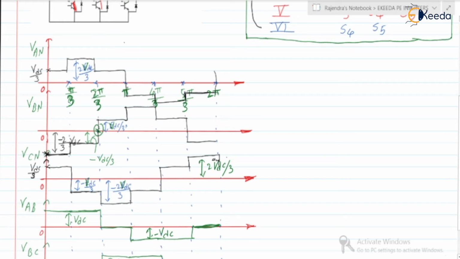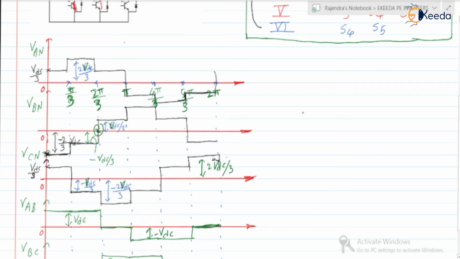Now we can take the RMS value either over the interval 0 to 2 pi or over 0 to pi, because the square of a negative value is positive only. RMS means square root of the mean of the squared value. In both ways we will get the same answer.